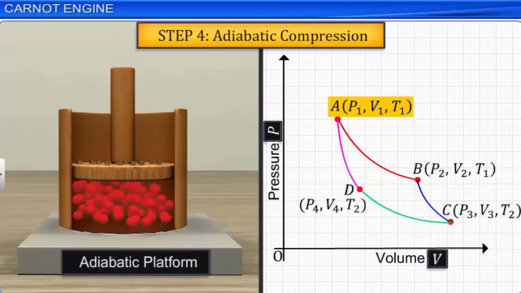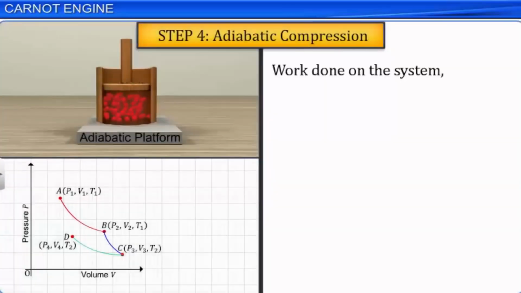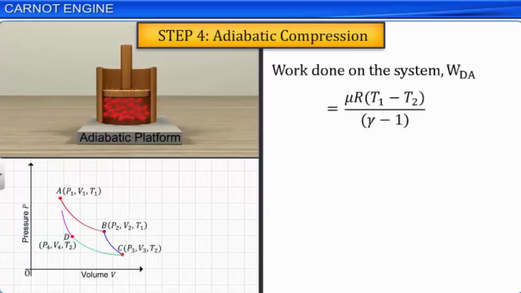The work done on the system, W_DA, is equal to μR(T1 − T2)/(γ − 1). Let this be equation 5. As the process is adiabatic, we can write T2 V4^(γ−1) is equal to T1 V1^(γ−1). Let this be equation 6.